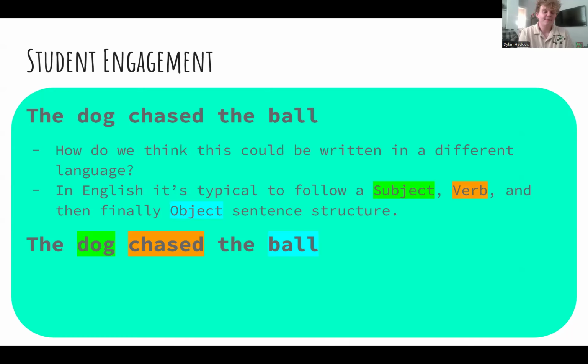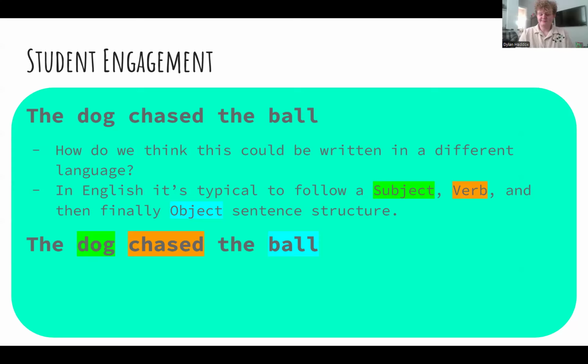And second of all, in English, it's typical to follow a subject, verb, and then finally object sentence structure. Is that something that you've noticed in sentences that you use? If you speak another language or have another home language, is it something that you've noticed different?